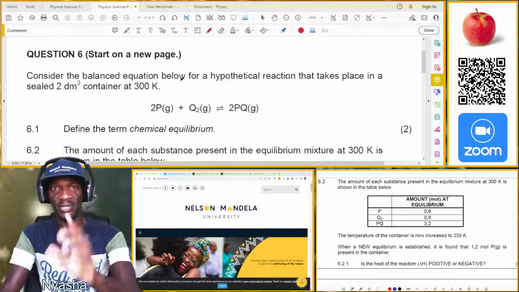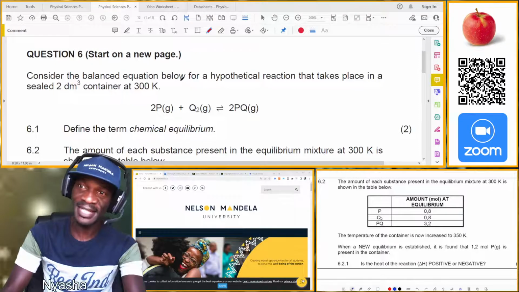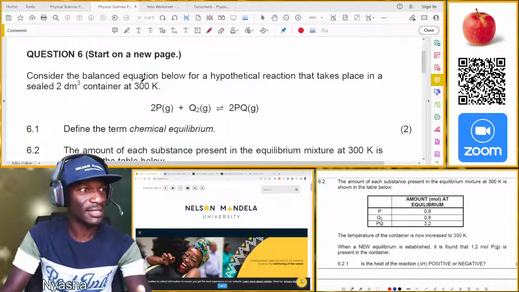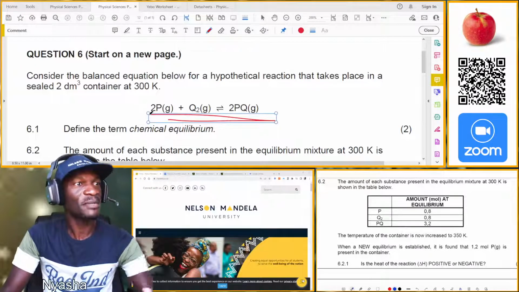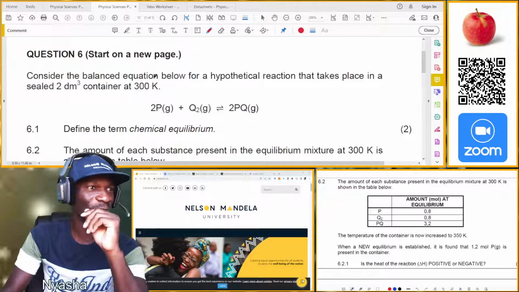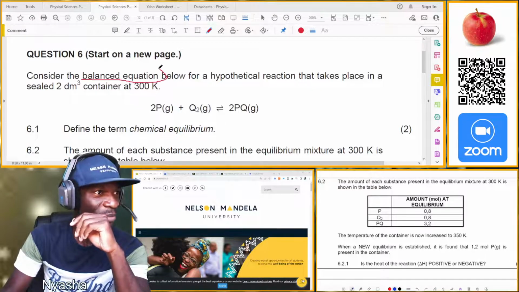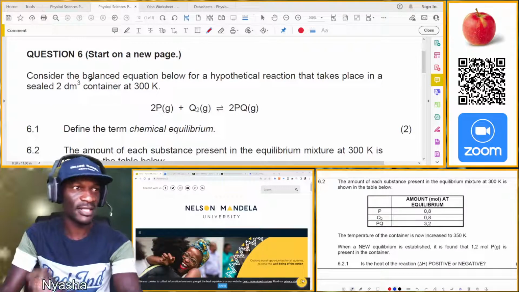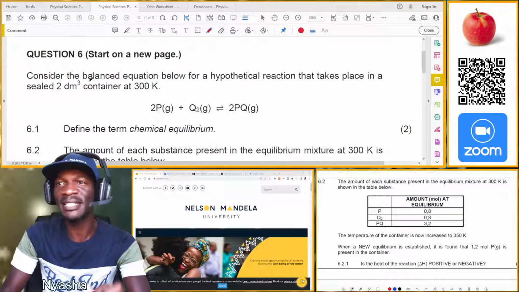Remember our procedure from last time. We said every time we need to first check if the chemical reaction is balanced. Because these are just P and Q unknowns, they have already told us this is already a balanced chemical reaction. So we're happy.